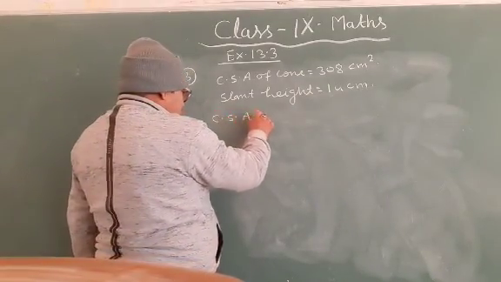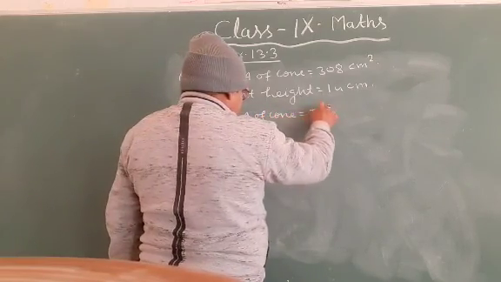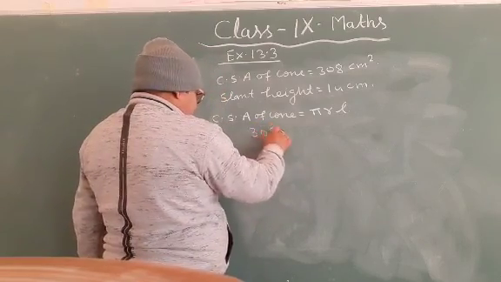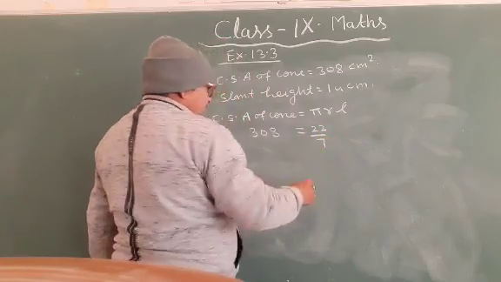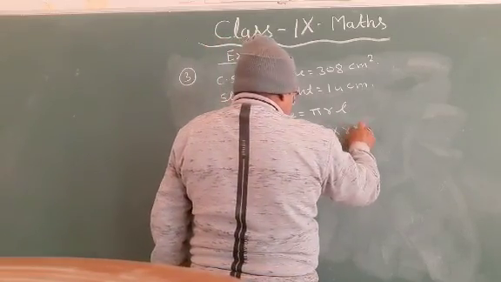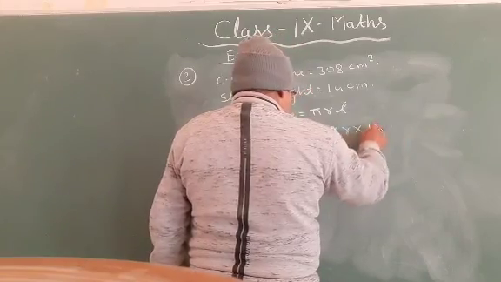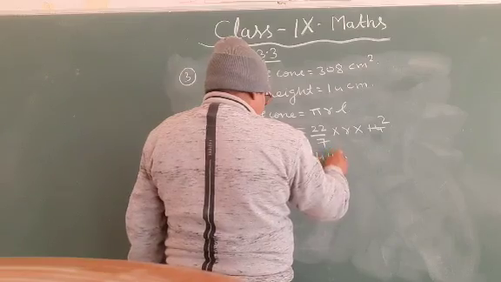Find the radius of the base. CSA of cone is equal to pi r l. So 308 is equal to 22 by 7 into r into 14 centimeter. 7 into 14 gives 44 into r.